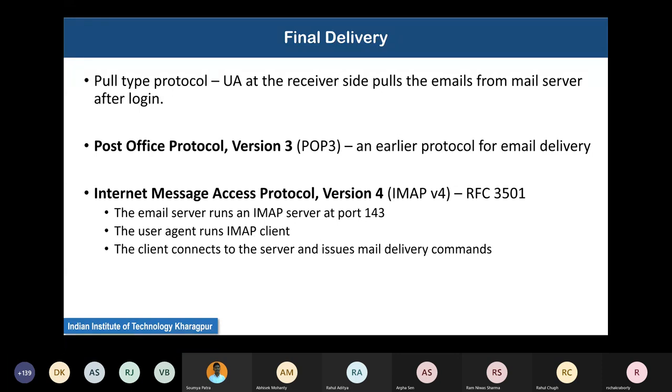Okay. So in that case, IMAP4 is a much better protocol because it does not, first of all, delete the email immediately from your server. It makes a copy of it and sends it to your device.